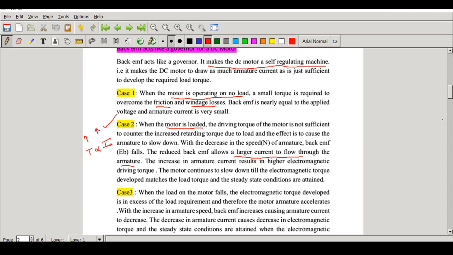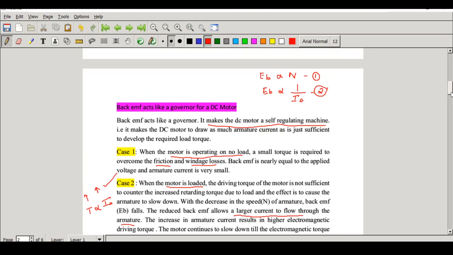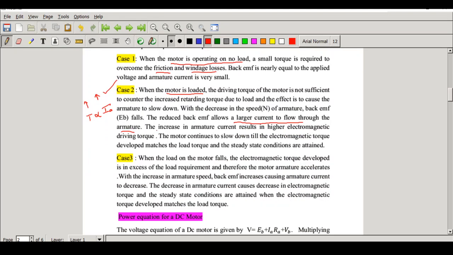Now what about the back EMF? We have learned the relation that back EMF is inversely proportional to the current, right? So when the current is increasing, back EMF will reduce. Now what about the speed? Speed and back EMF are directly proportional, so the speed will also reduce.